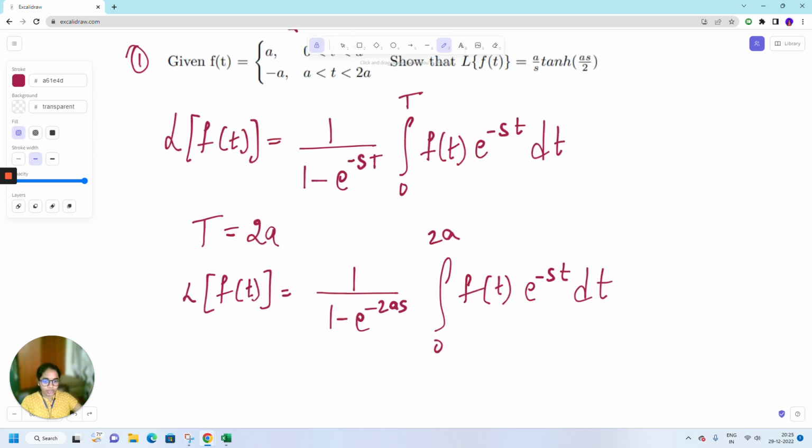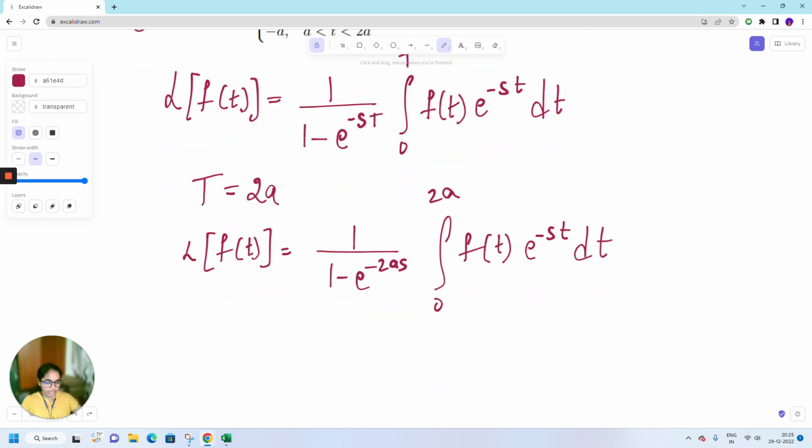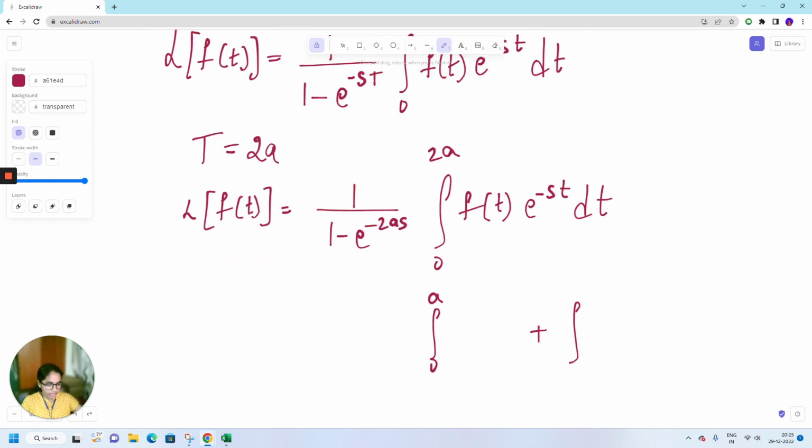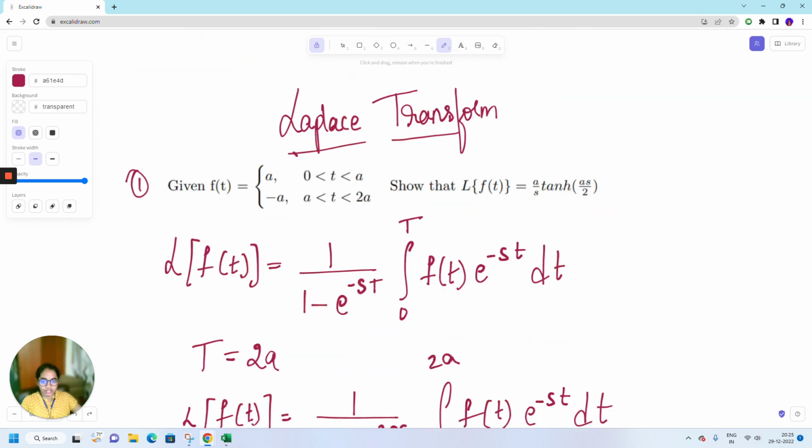Now what should I do? I'll split the integral, that is, I'll write it as 0 to a plus a to 2a. From 0 to a, what is the value of f of t? See, from 0 to a, the value of f of t is a.